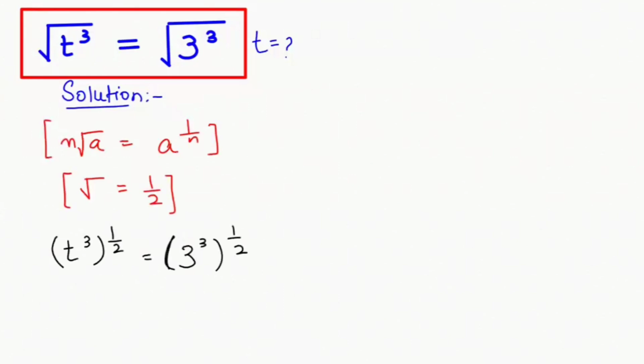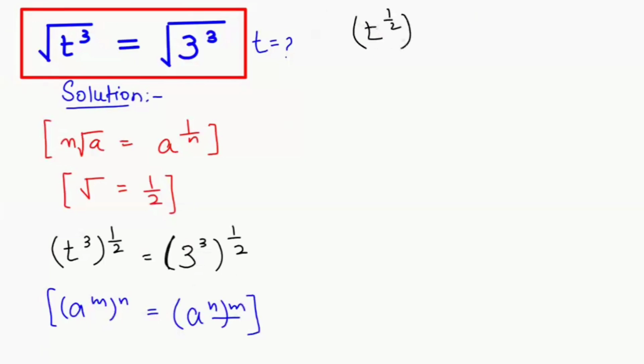Next, I will apply the exponent rule, that is, (a to the power of m) to the power of n can be written as (a to the power of n) to the power of m. So here I am going to exchange the powers. (t to the power of 1 over 2) to the power of 3 equals (3 to the power of 1 over 2) to the power of 3.